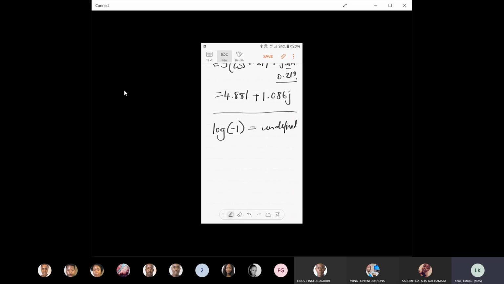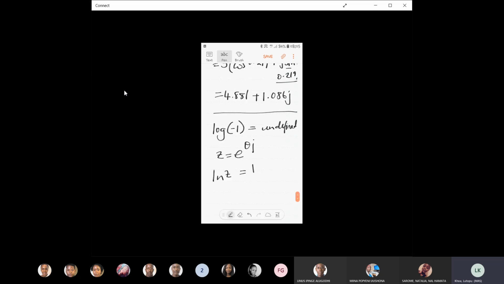But now that we've written our complex numbers in exponential form, we can actually work out what log of negative numbers are. So if I gave you z equal to e to the power of theta j, and I said, can you tell me what is ln of z?